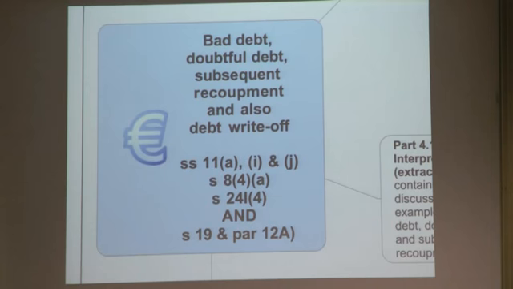So when you read a sentence, oh, they sold trading stock on credit, and then you see something about bad debt, you immediately have to see it was gross income because it was a sale of trading stock, so the bad debt will go into 11I to begin with. Are you all with me? Okay, so very important, in the previous year it had to be included in the gross income in order for me to get 11I.